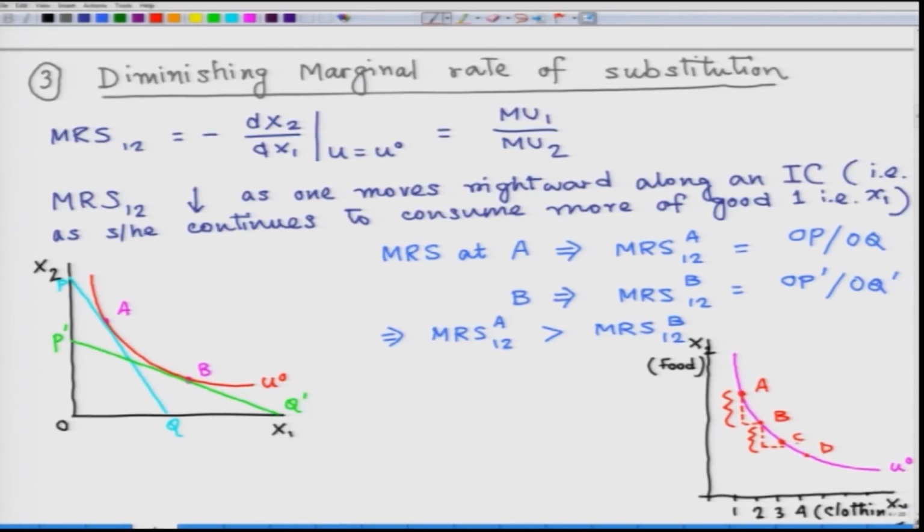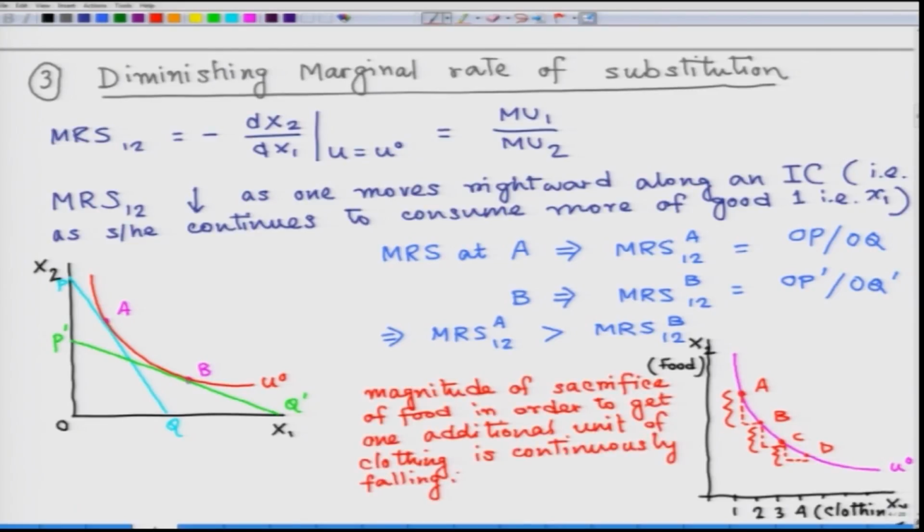Now, the consumer suppose moves from point C to point D, and you can very well see from the graph that although the consumer is still willing to give up some units of food, it is fewer units of food compared to the previous cases. So, one may ask, what is the reason for this?